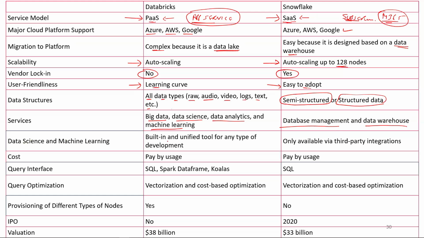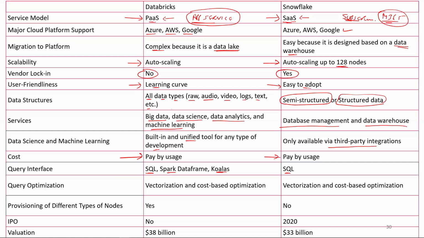Data science and ML built in a unified tool for any type of development, here are only available via third-party integrations. So this is a dependency. And cost is pay by usage, and here also pay by usage. Query interface, you can get SQL, Spark DataFrame, and Scala, and here only SQL is supported.